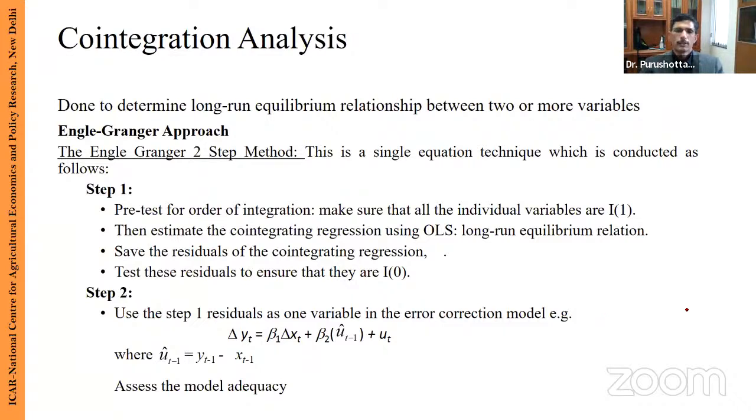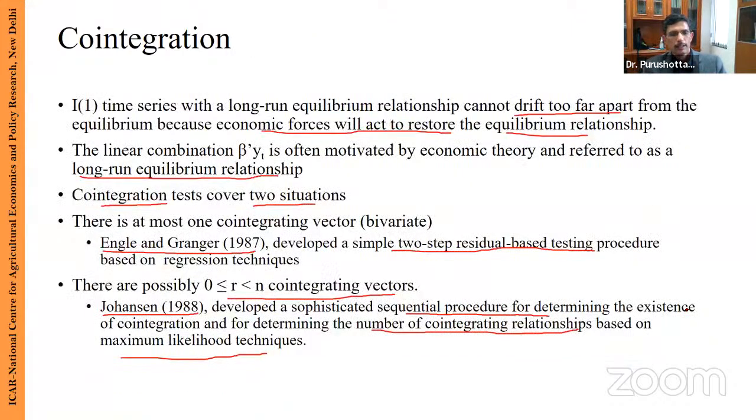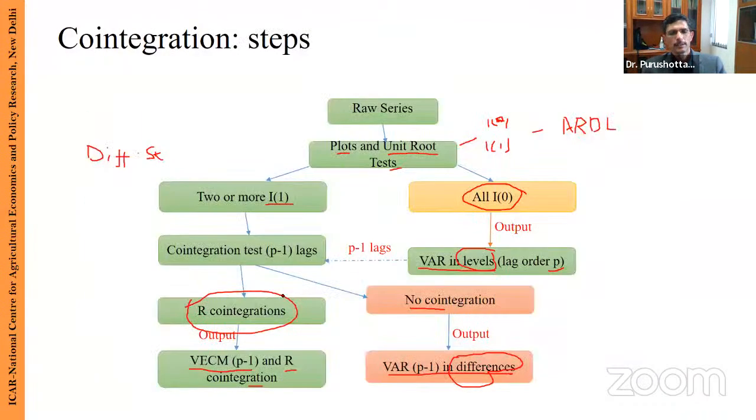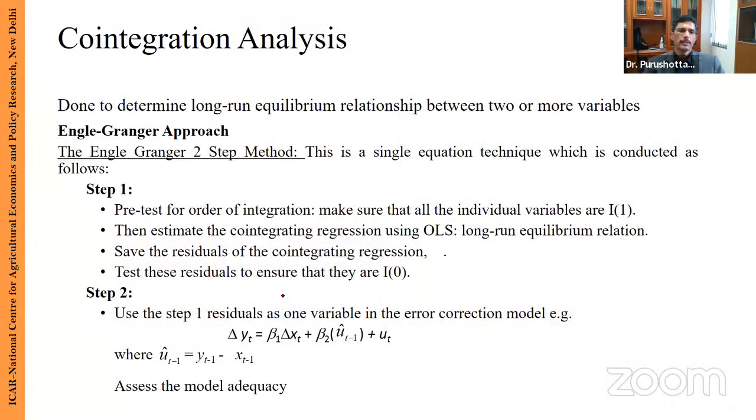So we'll try to see both the approaches of cointegration. One is this bivariate, which we have discussed, and the other is r cointegrating vectors. So both these we will try to understand.